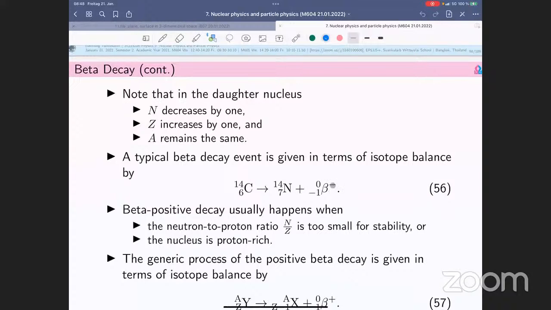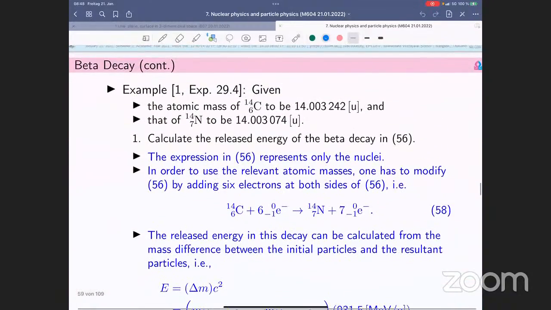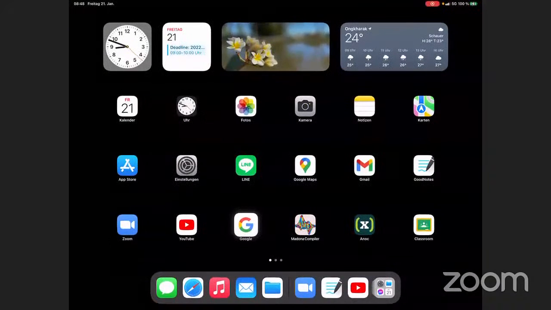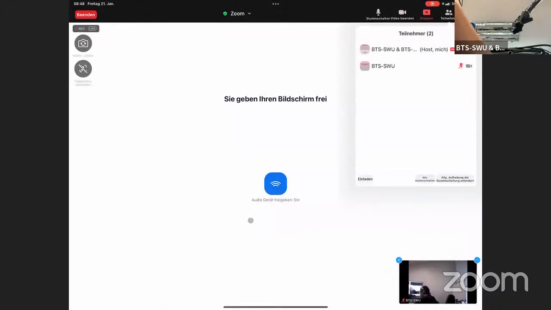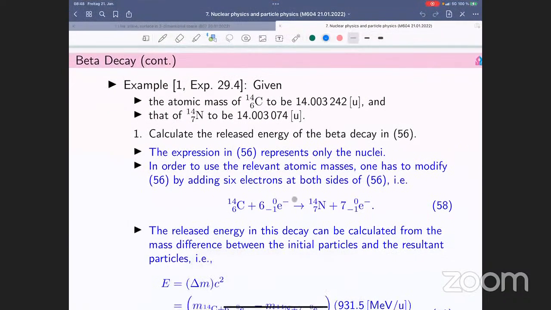But in order to do the computation, we're going to use the complete atom. Okay, we will consider the complete version of the whole atom, right?